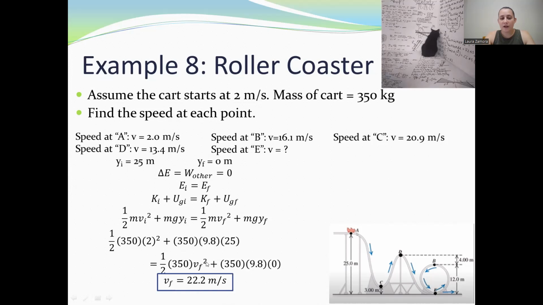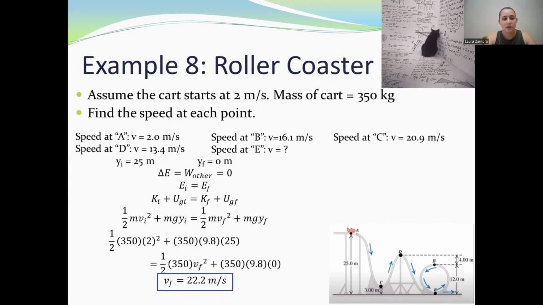So to get that final speed by itself, I'm going to do the opposite of whatever is being done to it. So since we're dividing it by 2 over here, I'm going to multiply both sides of the equation by 2. So 86,450 times 2, we'll get rid of the 1/2 on that side. And now that speed squared is multiplied by 350.